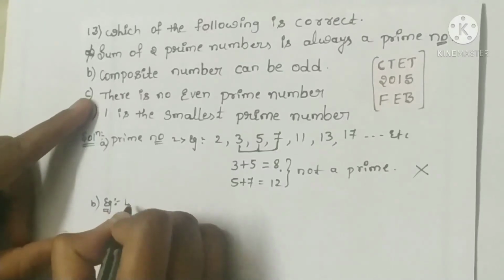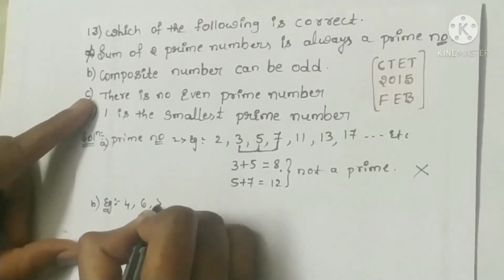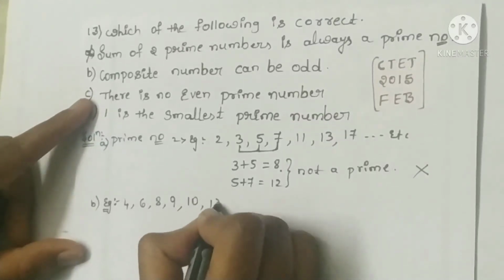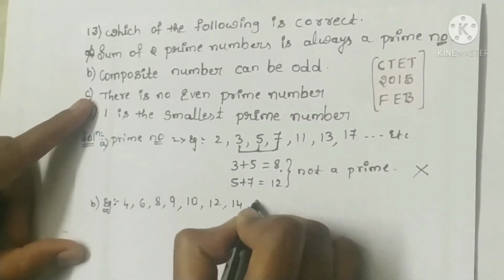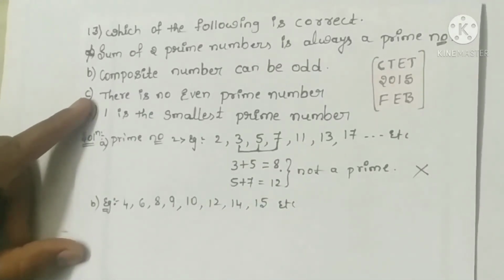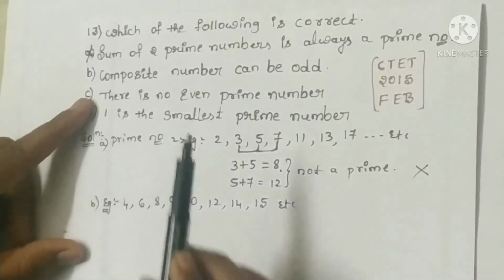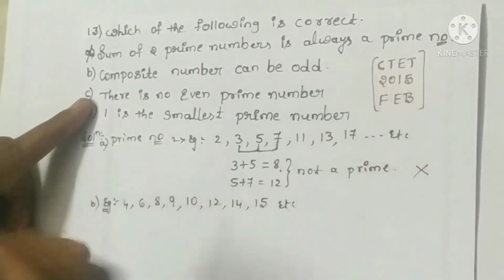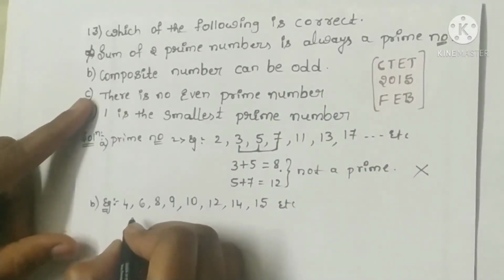That is 4, 6, 8, 9, 10, 12, 14, 15. These are the examples for composite numbers. Composite number means the number which is not a prime number. Now here in the option they have given that composite number can be odd. Now I will check that.